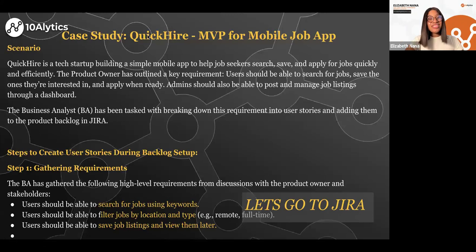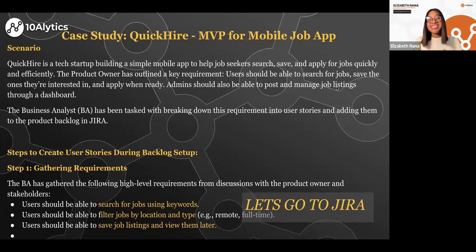All right, so now let's take a look at this case study. We're building a mobile application called Quick Hire. Quick Hire is a mobile job application, so think of your Indeed and so on and so forth. We are building something like that.